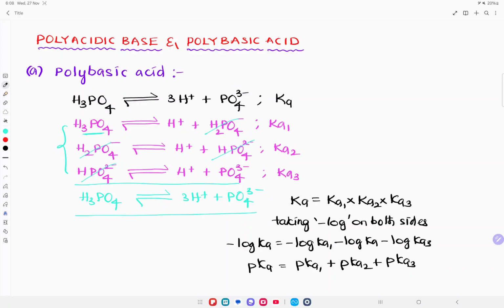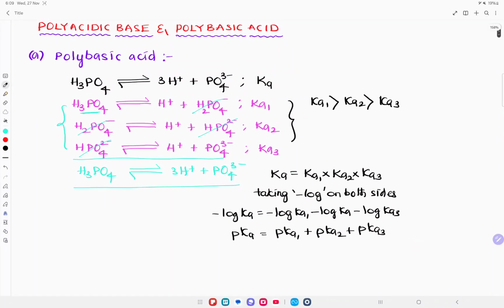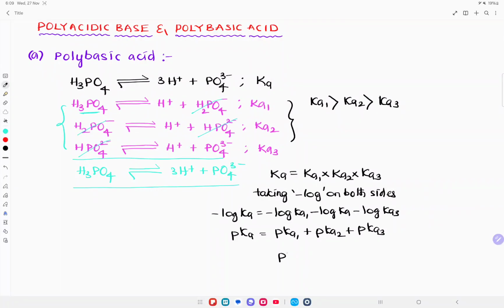Since Ka1 is always greater than Ka2, greater than Ka3, what can we write? pKa is opposite to Ka. So pKa1 is less than pKa2, less than pKa3. So these are the dissociation constants of polybasic acid.